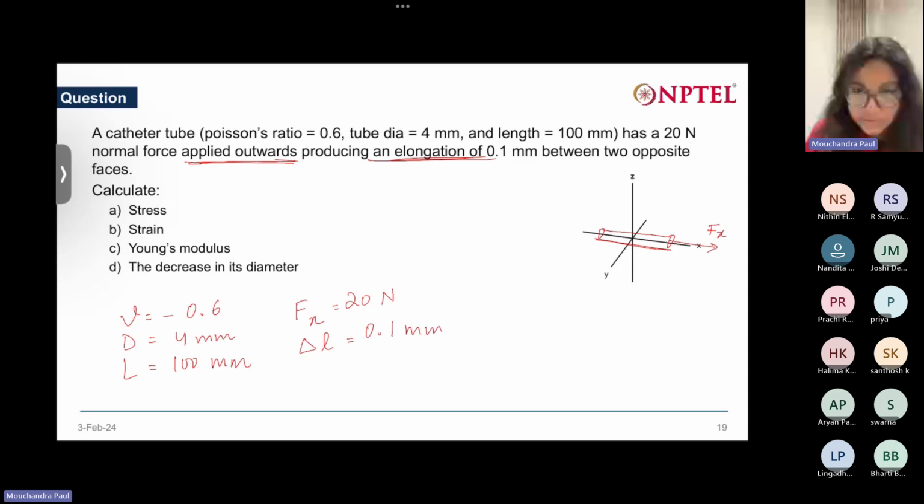Now we have to calculate the stress, strain, Young's modulus, and decrease in its diameter. For calculating the decrease in diameter, we will use Poisson's ratio for this particular problem. How? Let me show it to you. If you are able to understand this problem, please go ahead and start on your own. Okay.